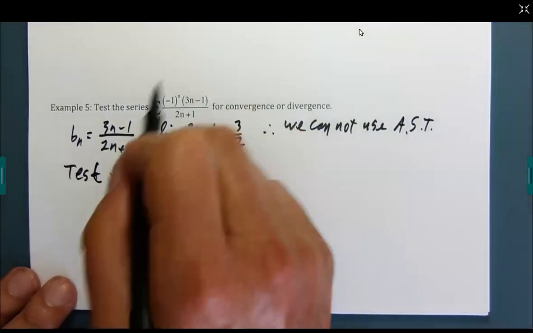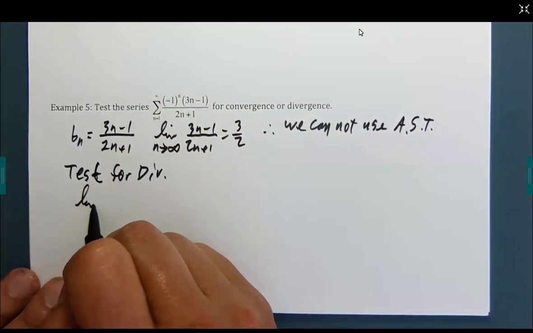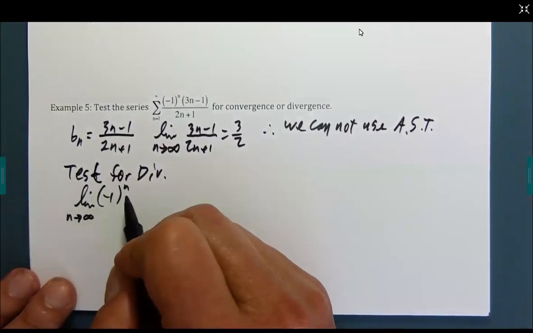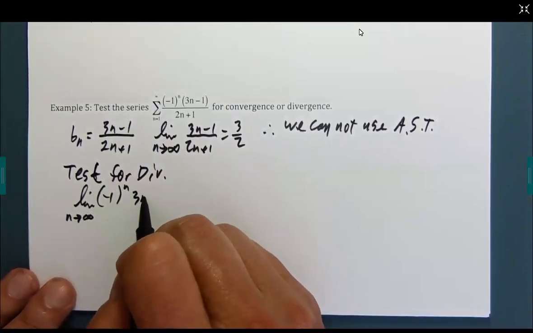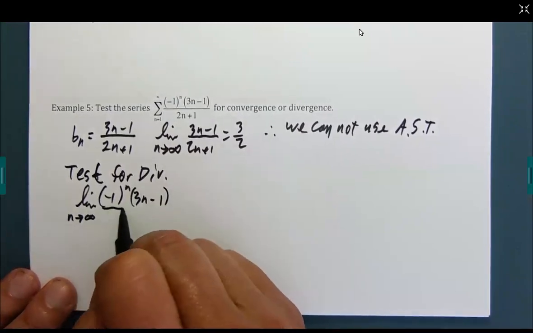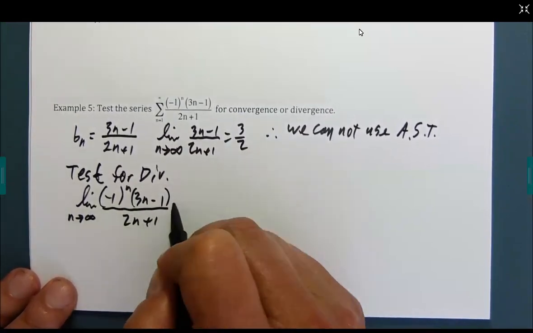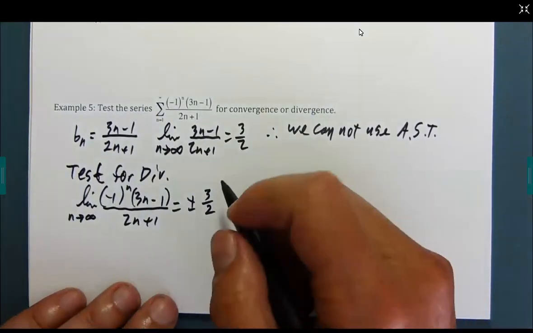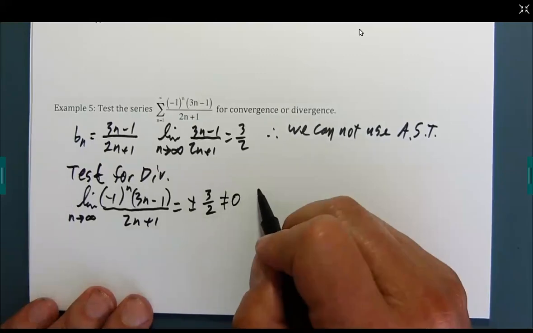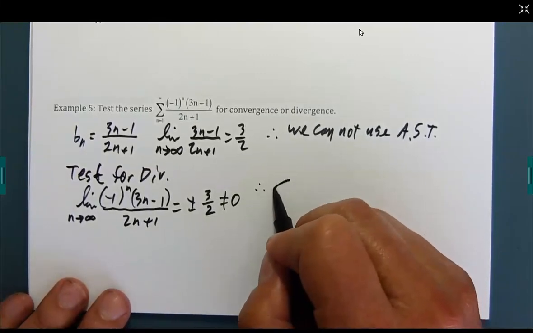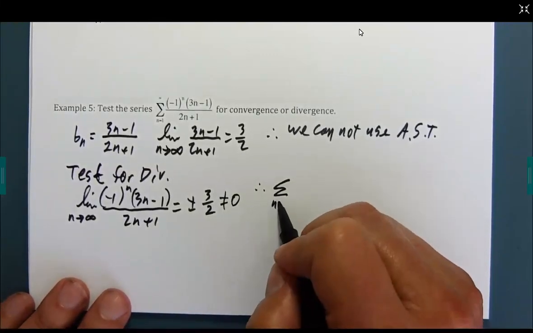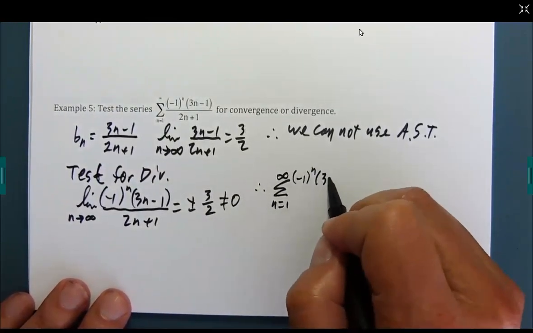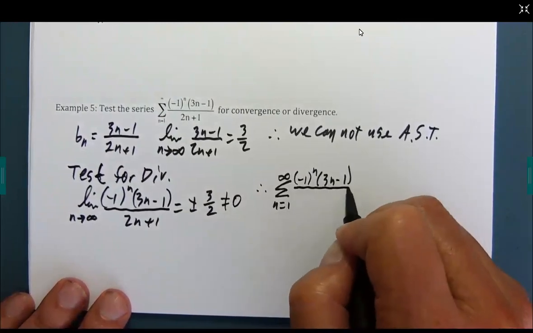That's the limit of the whole thing, including the -1. And the point is, this is not 0. So by the test for divergence, this is divergent.